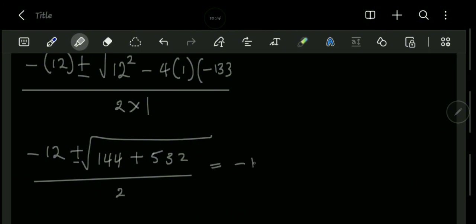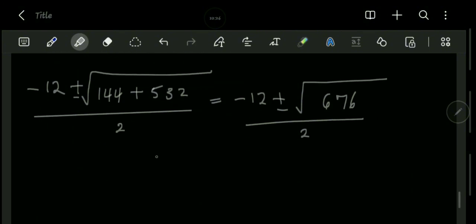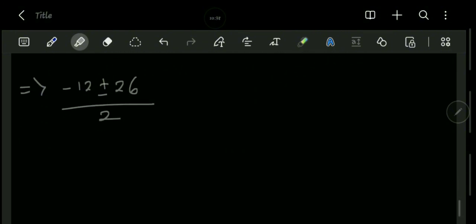So it implies that I have minus 12 plus or minus square root of, when you add these two together, 676, all over 2. Okay, so this is actually a perfect square. The square root of this is 26, all over 2. So it means minus 12 plus 26 over 2, or minus 12 minus 26 over 2.